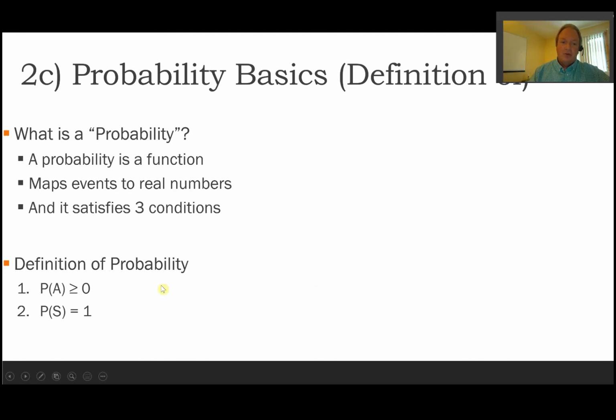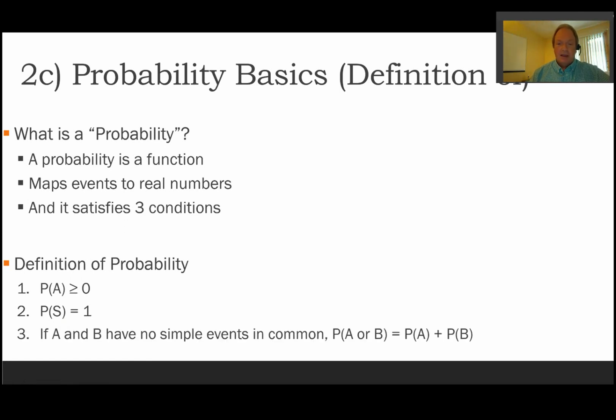Okay. So notice what this means when I'm writing the probability of an event. What it really means is the probability that an outcome in the event occurs. So the probability that an outcome in the sample space occurs is 1, because the sample space is all the things that can occur.